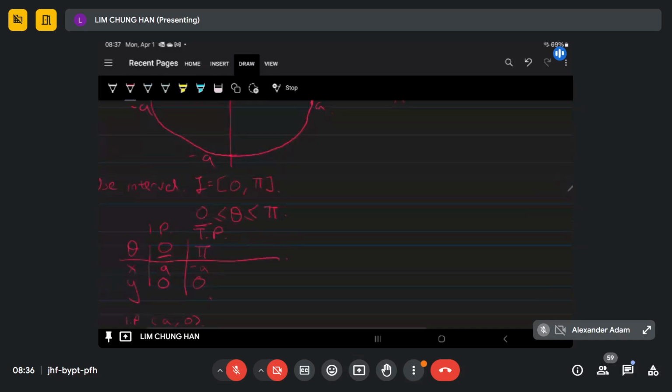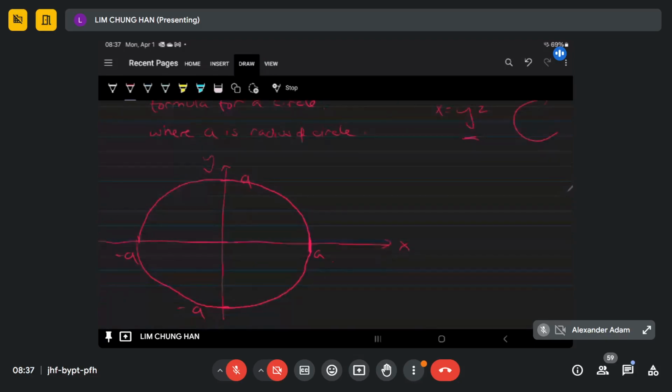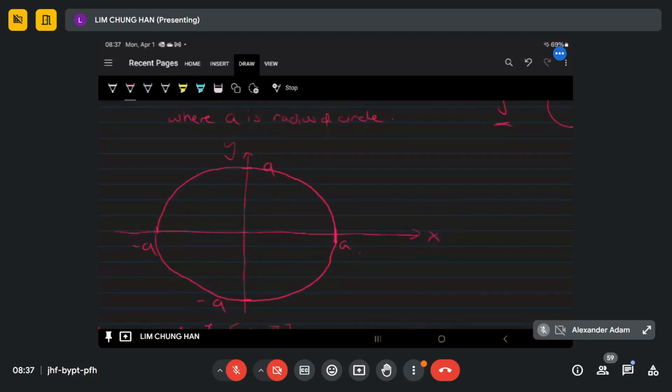Okay, so go back to your graph. Where is (a, 0)? Agree? A. Yeah. So (a, 0) is there. So that means that is your initial point.